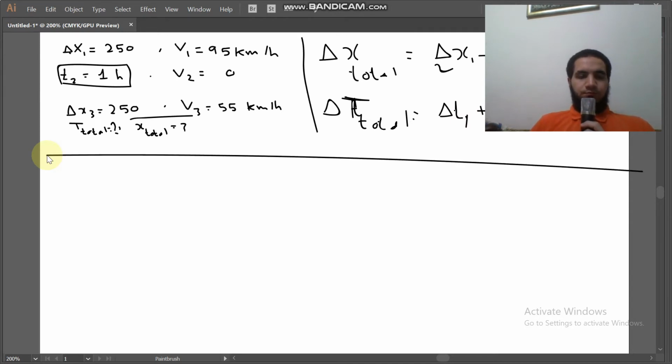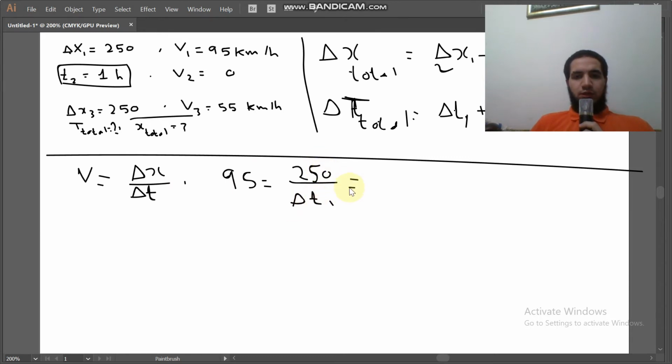So we know that v equals delta x over delta t. So in the first section, we have 95 equals 250 over delta t1.